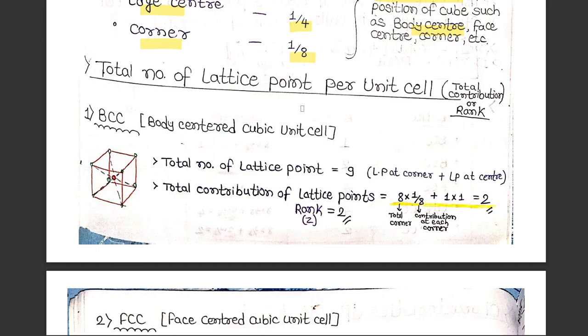Now let us come to the total number of lattice points per unit cell, or rank. Before proceeding, we will go through the formula for rank calculation. Rank is also known as total contribution.